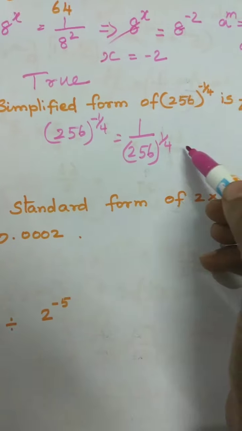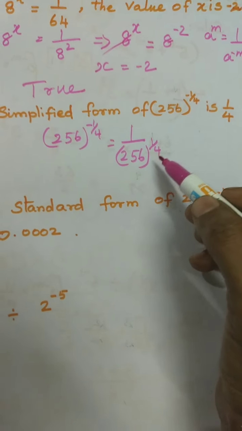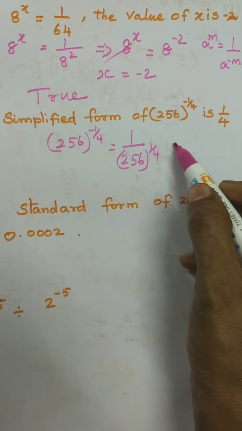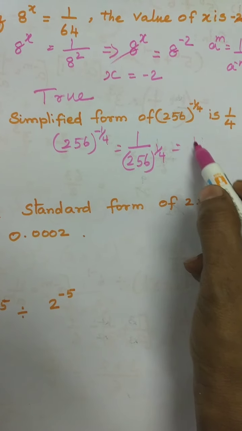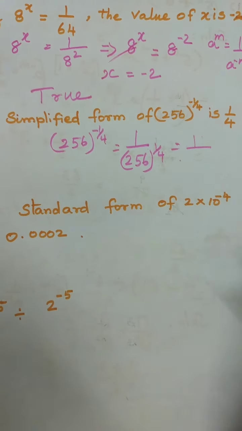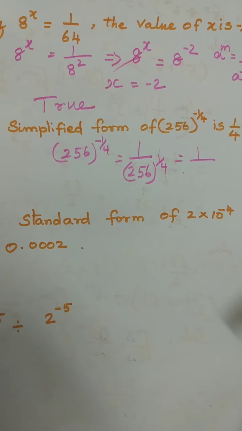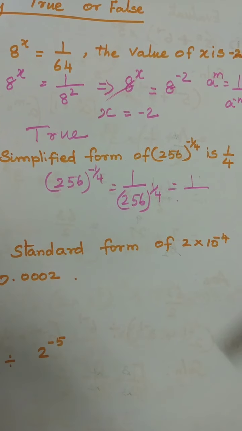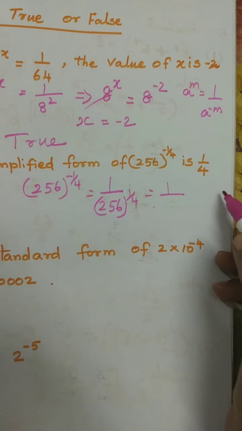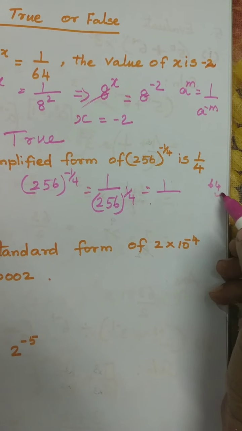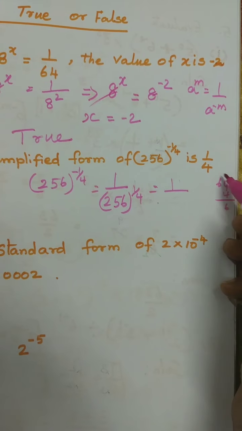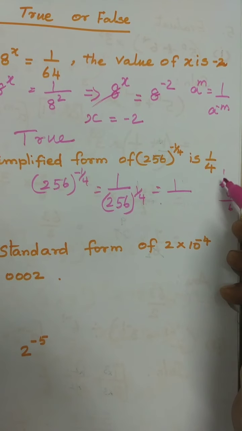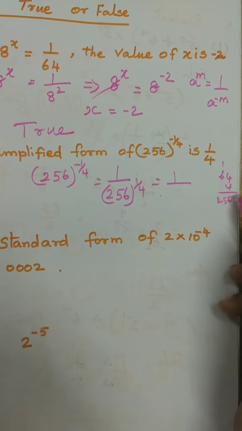Minus 1 by 4 will come as plus 1 by 4, isn't it? Then you can write 256 as 4 power 4: 4 4s are 16, 16 4s are 64, 64 4s are 256.